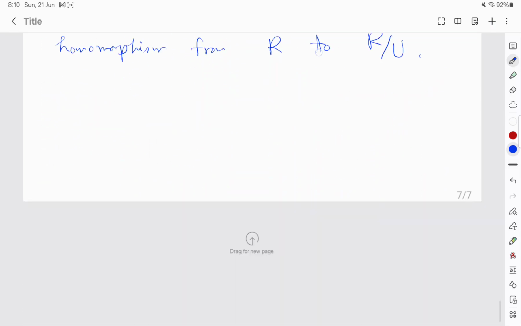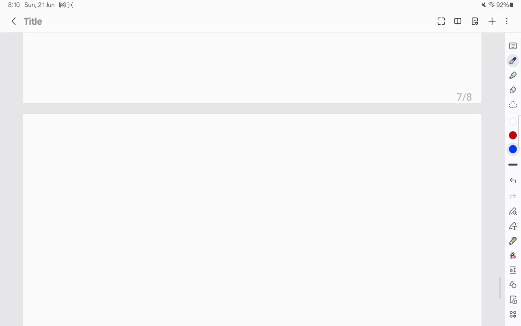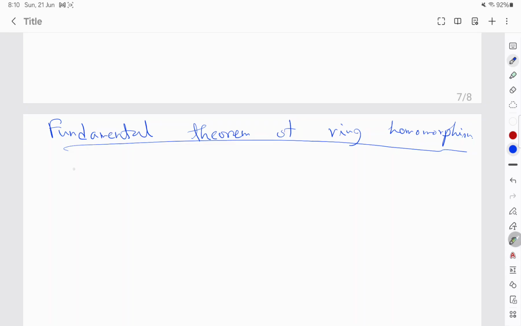Okay. The next one is very important. Sometimes it may be asked to state the fundamental theorem of ring homomorphism and prove it. So what does this theorem say?